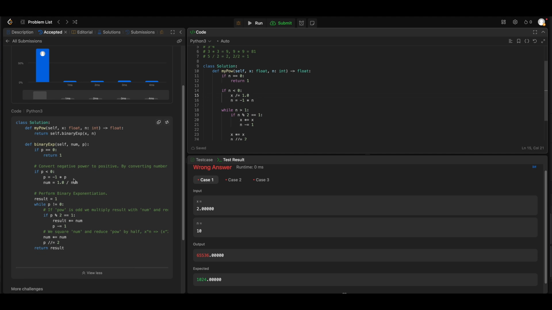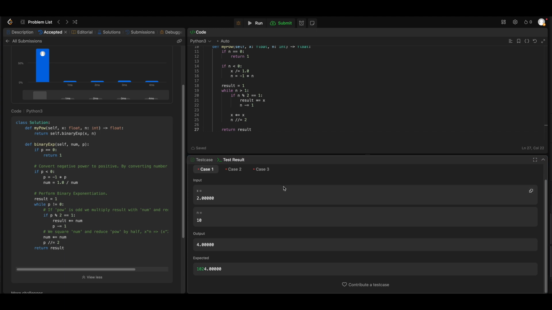And then we need to maintain a separate result for something called binary exponential, which is basically adjusting the power. So instead of doing this with x, I need to do that with result. Instead of returning x, I need to return the result.